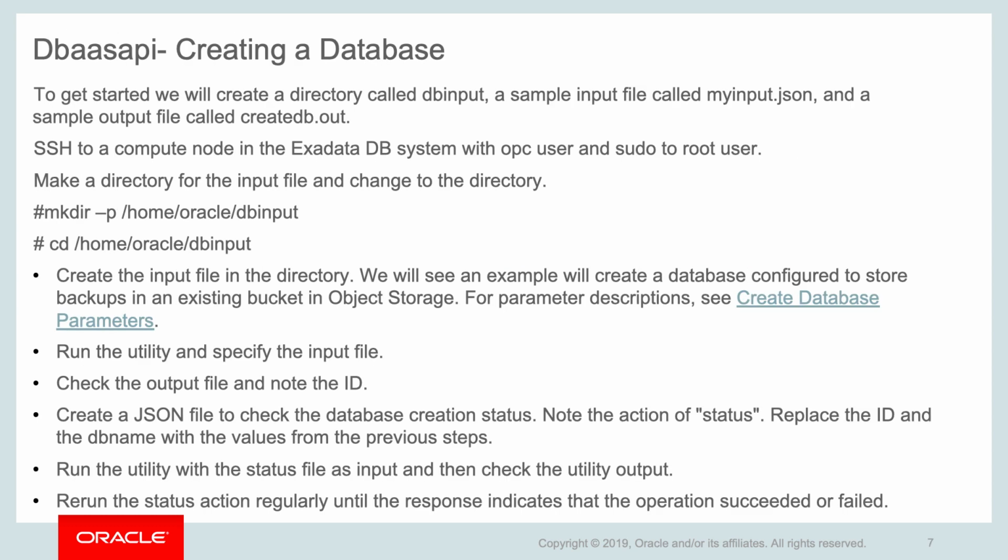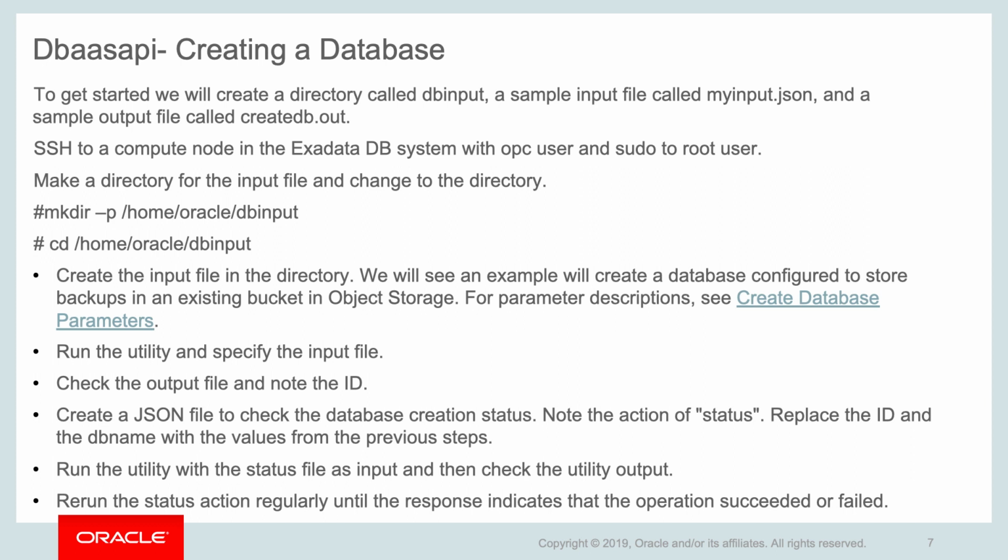Now we will cover a use case like creating a database. To get started, we will create a directory which is going to hold all of the scripts for using this command line utility. We will create a directory called db_input.